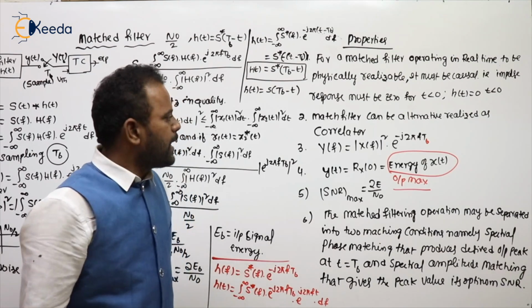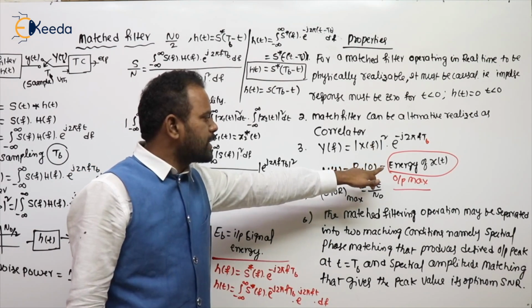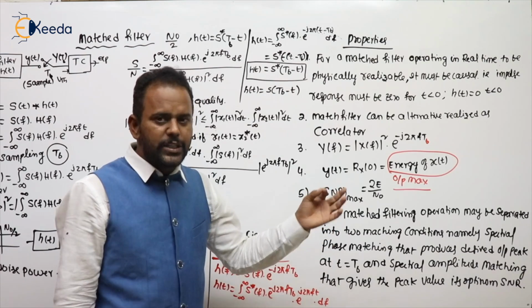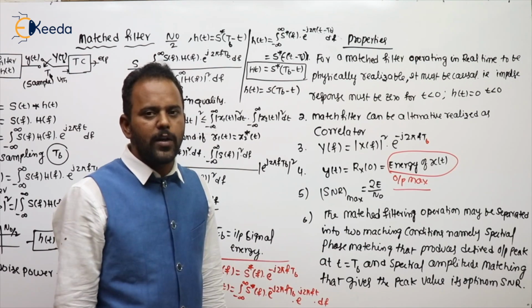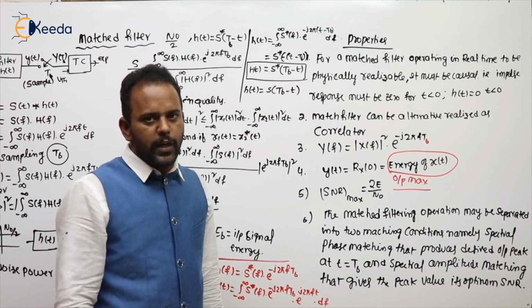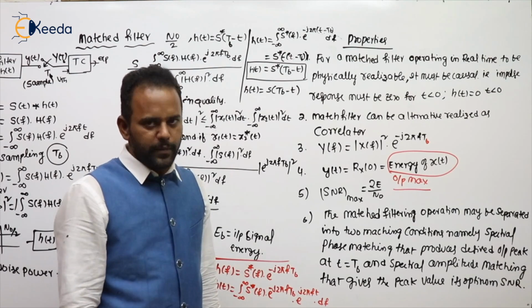And what is the output maximum value? The output maximum value is nothing but the energy of the input. Where will the maximum value come? At the duration of the input, that is at TB.